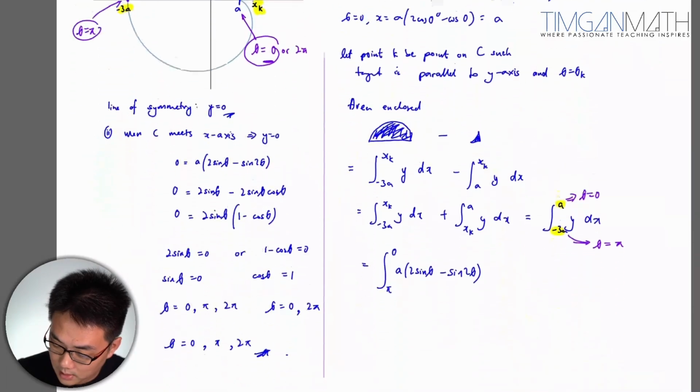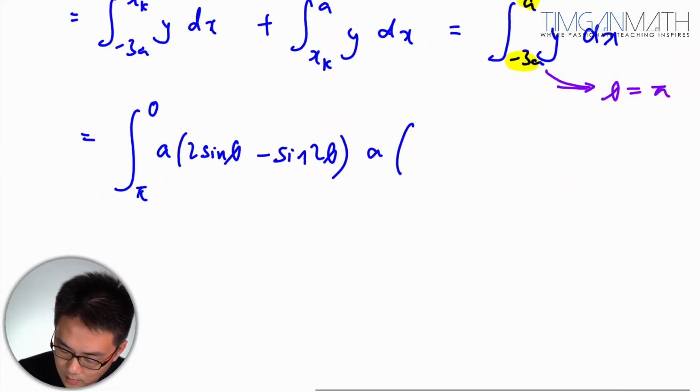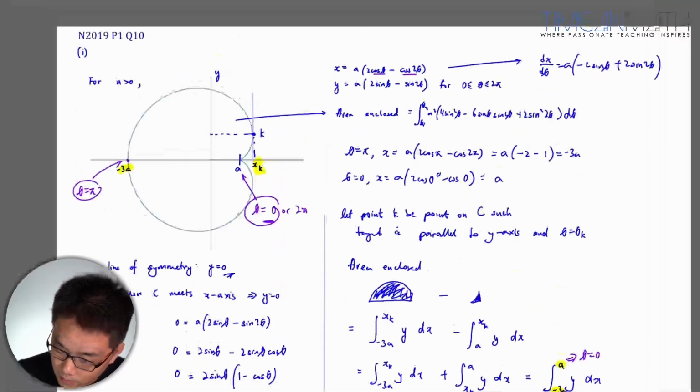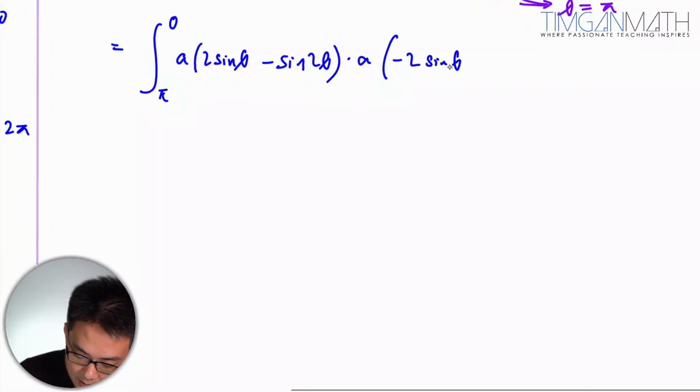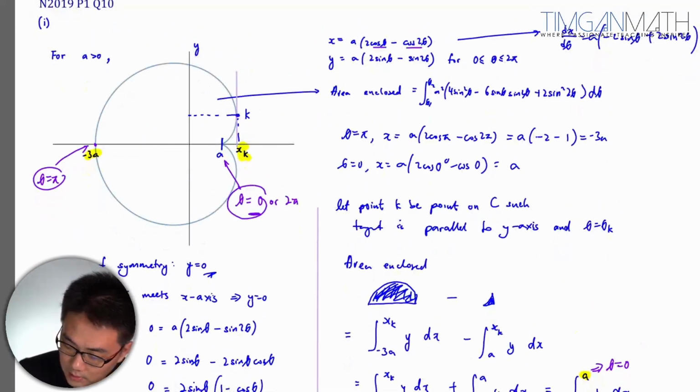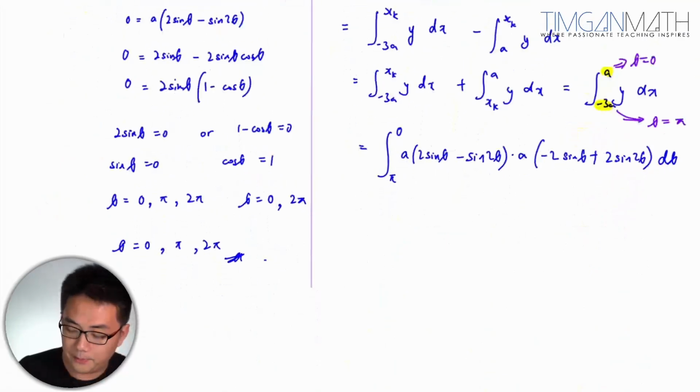dx equals a(minus 2 sine theta plus 2 sine 2 theta) d theta. Okay, great. So minus sine theta plus 2 sine 2 theta d theta. Yeah, there you go.